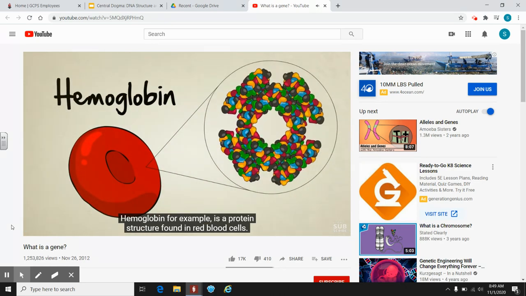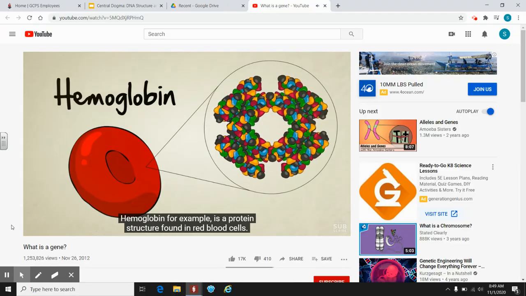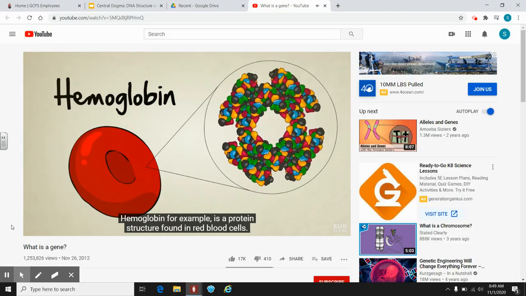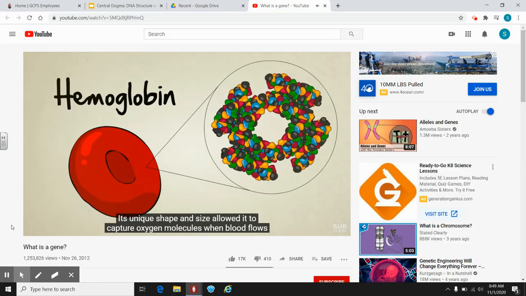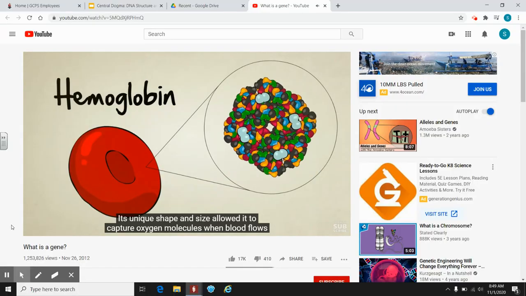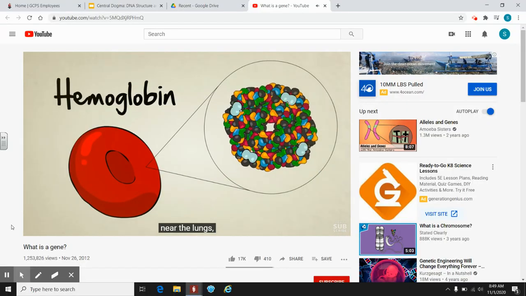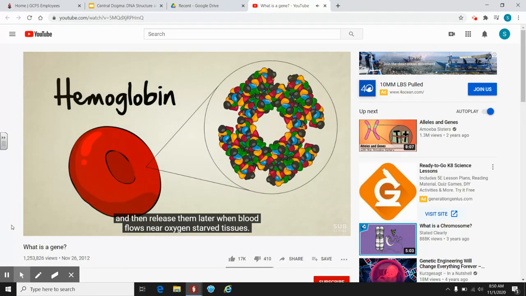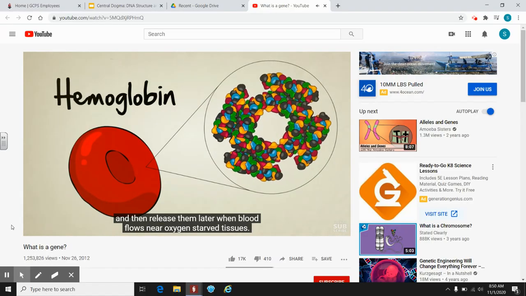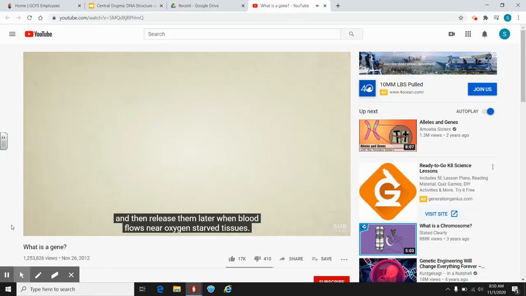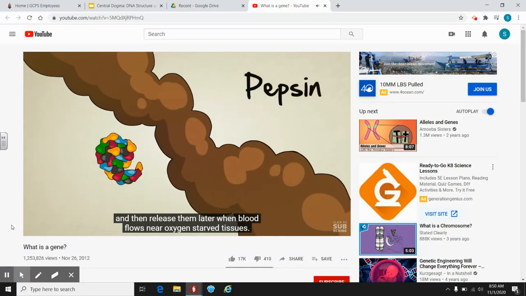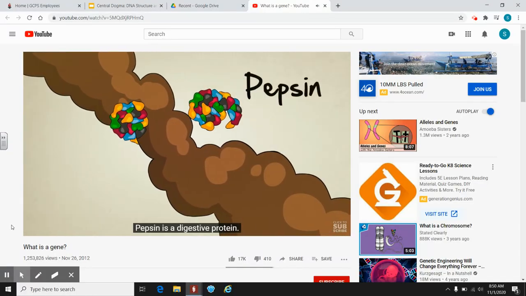Hemoglobin, for example, is a protein structure found in red blood cells. Its unique shape and size allow it to capture oxygen molecules when blood flows near the lungs, and then release them later when blood flows near oxygen-starved tissues. Pepsin is a digestive protein.